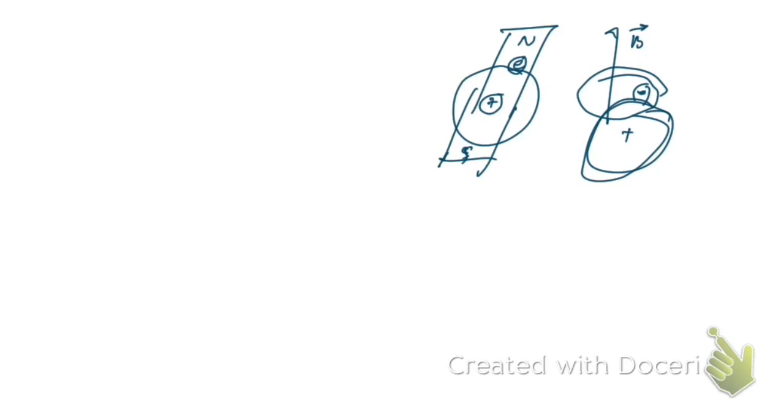If you keep this atom in an external magnetic field, the orbit of this electron starts to precess about this magnetic field, taking the direction of the magnetic field as its axis of precession. This precession is called Larmor precession.